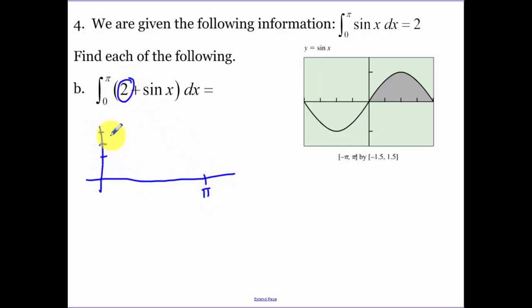So my curve is going to look something like that, and it's a super elongated version of it. Now remember, I shifted this up 2 units. So what's the area of this? The width times my height is 2 pi. So my total area is 2 plus 2 pi.